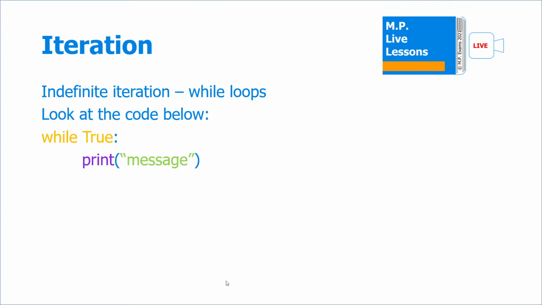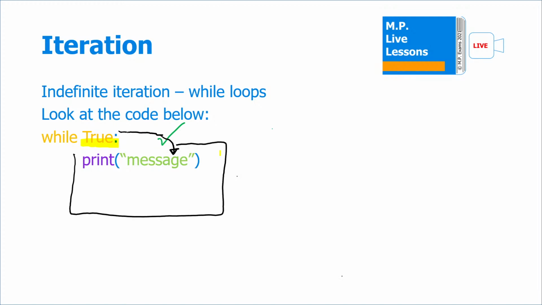Now, if the statement here is true, this highlighted statement here, if it's true, all these instructions here are executed, and then it will go back up again. However, if the statement isn't true, it will exit this loop and continue with the rest of the program.